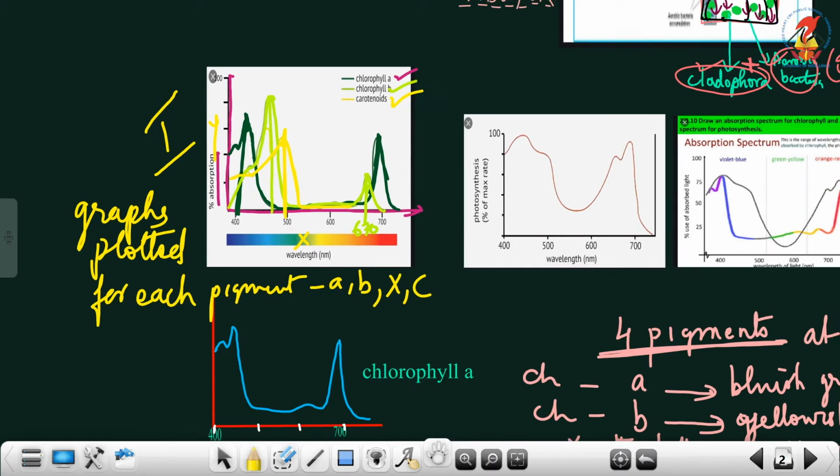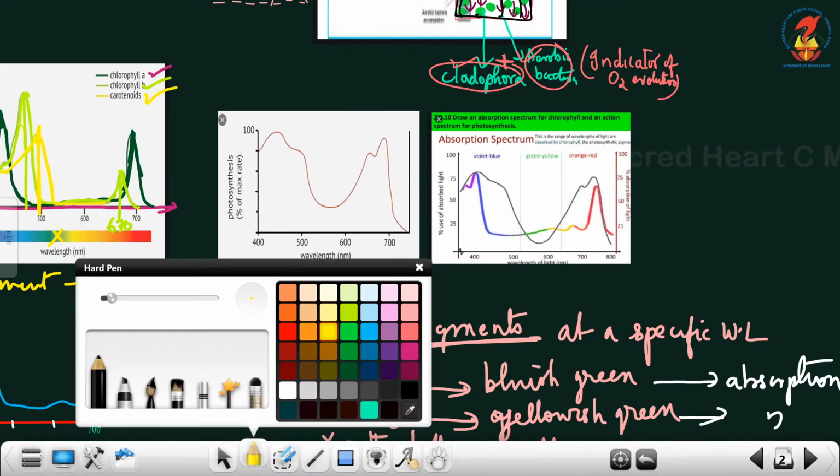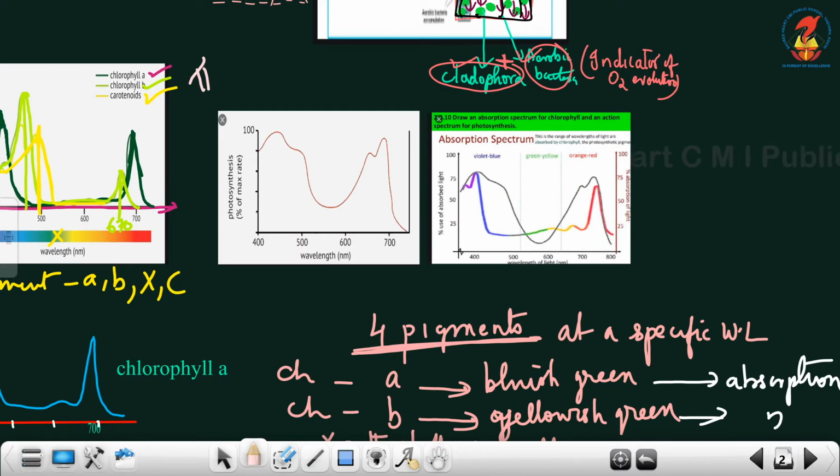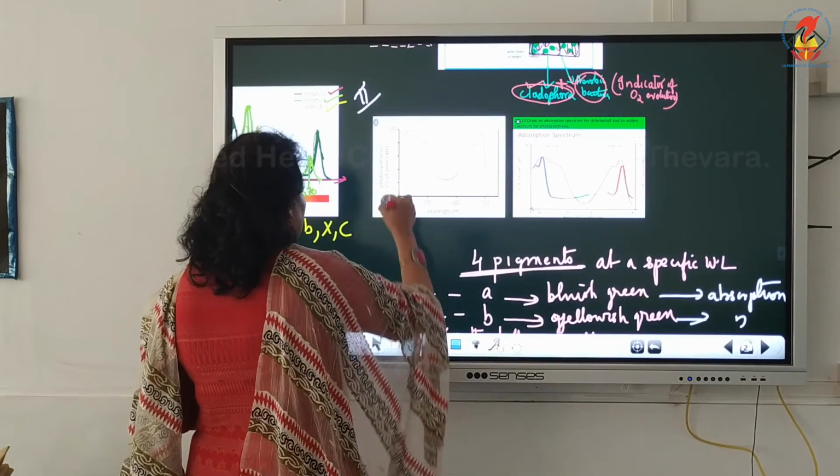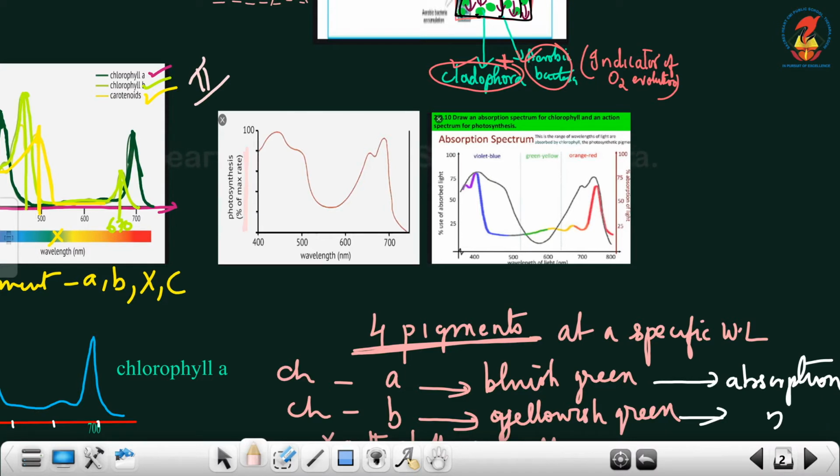Now the next step is the graph of the rate of photosynthesis. The rate of photosynthesis was plotted, again with the percentage on the y-axis and the wavelength on the x-axis, the same way.